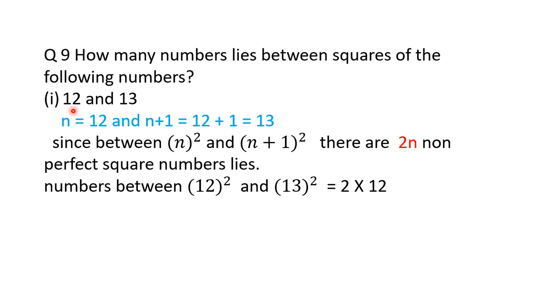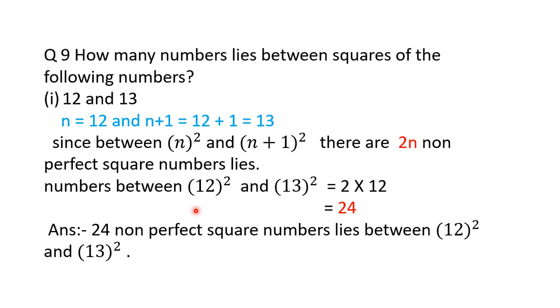So we have to find the numbers between 12 square and 13 square, and by the formula 2 multiplied by n, where n is the first number, that is 12. So 2 into 12 gives 24. That means there are 24 non-perfect square numbers between 12 square and 13 square.